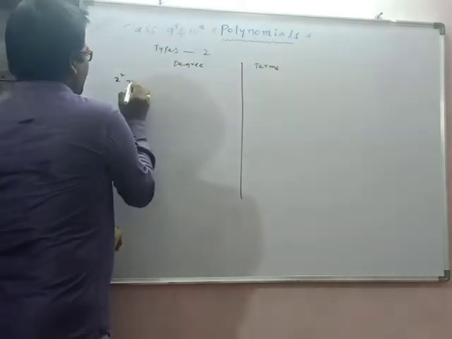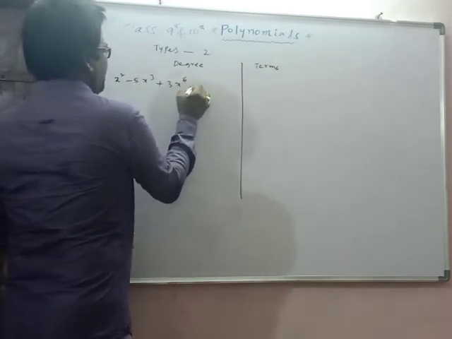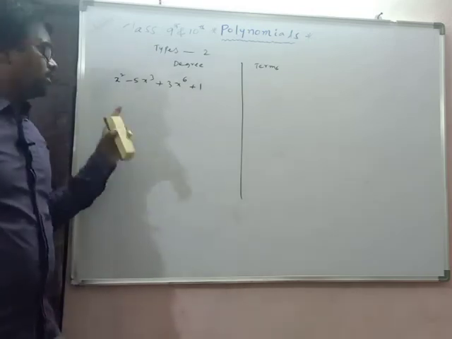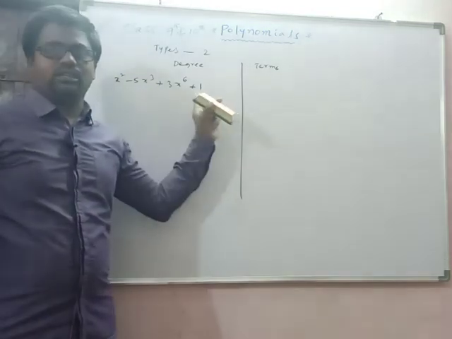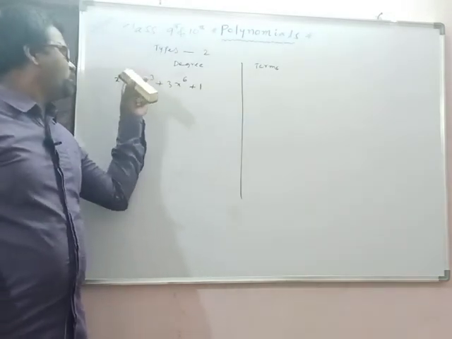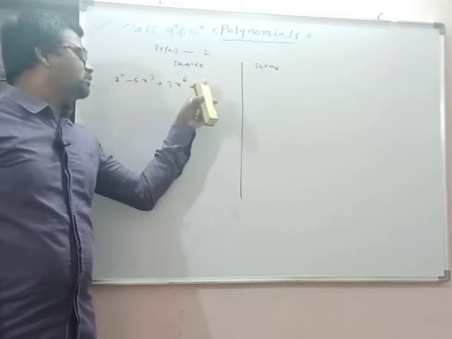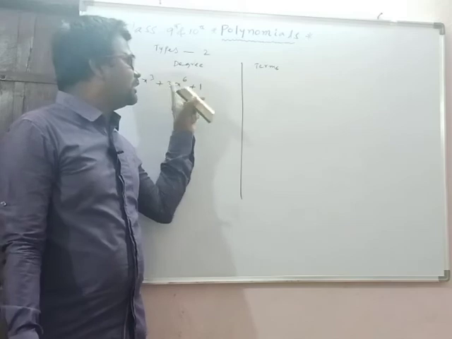Suppose x square minus 5x cube plus 3x power 6 plus 1. So in this one, 1, 2, 3, 4 terms are there. So in these 4 terms, what we will do is 2, 3, 6. Here there is no variable, means nothing but 0. So which is the degree?